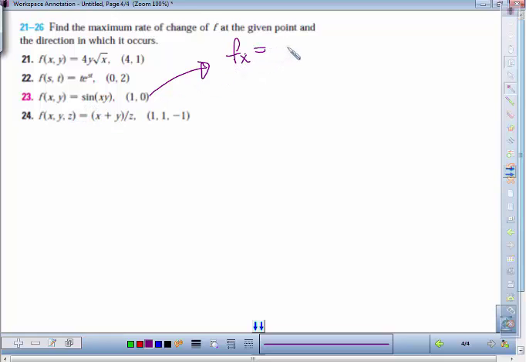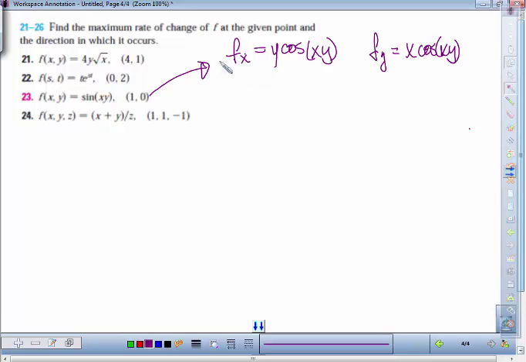The derivative of sine is cosine xy times the derivative of the inside, the derivative of xy with respect to x. And treating y as a constant, it's just going to be y. And then fy is going to be the same thing, except when you take the derivative of the inside, you'll get x.